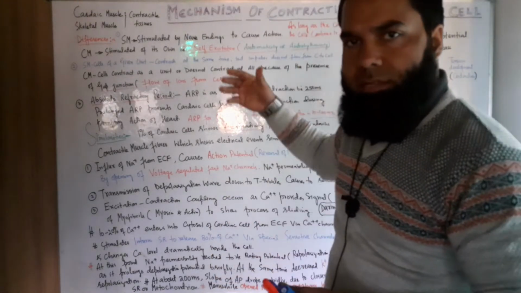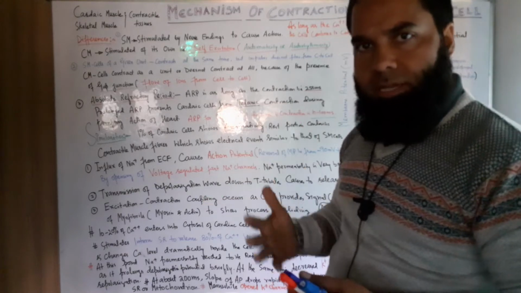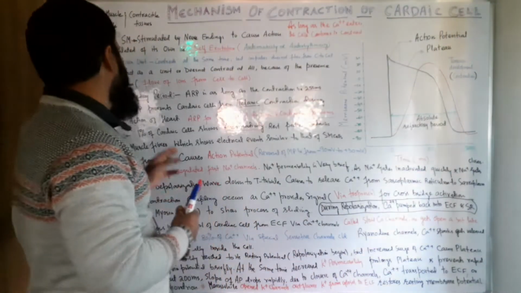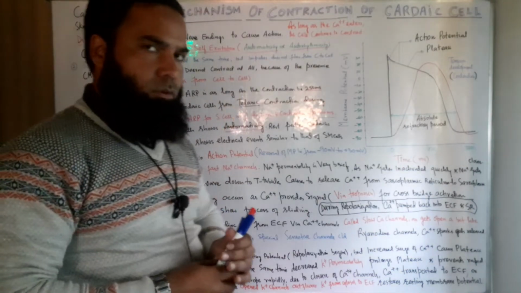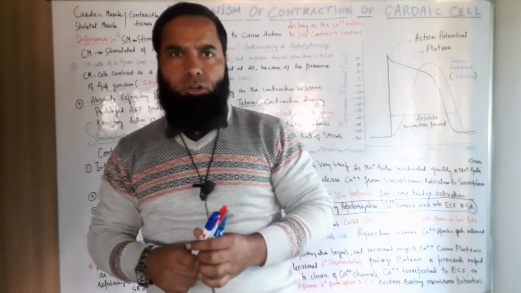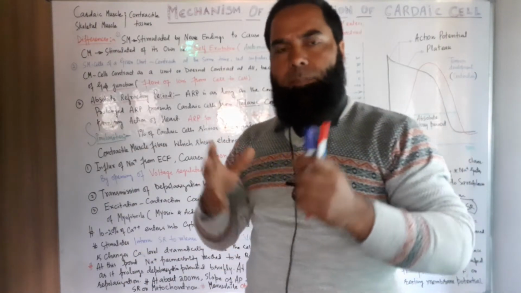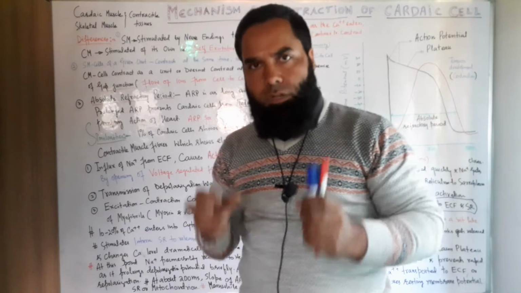I have discussed the differences between cardiac cell and the skeletal cell, but there are similarities as well. As you already know, I have told you that only 1% of the cells of the heart show automaticity.